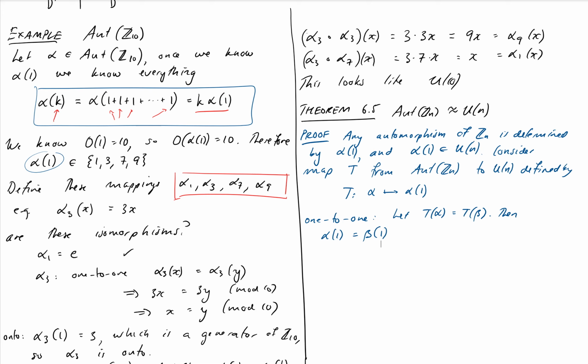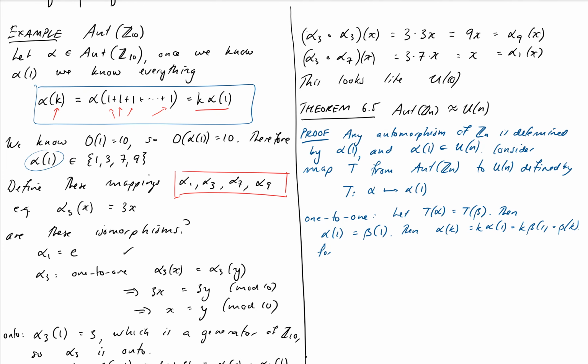So we've shown that alpha of 1 and beta of 1 are the same thing. We want to show that the whole automorphism, alpha and beta, are the same thing. So we need to check that they give the same value for all values of k. Then alpha of k is equal to k times alpha of 1. Here's how we can link the whole transformation together, which is also equal to k times beta of 1, which equals beta of k for any k in Zn. Hence, alpha is equal to beta.